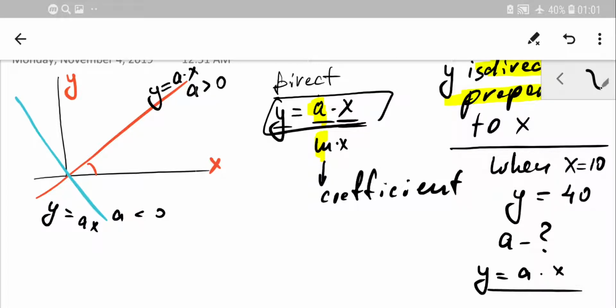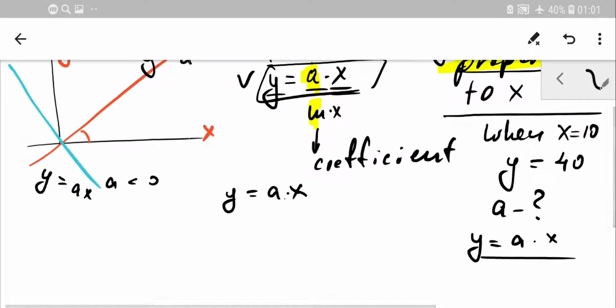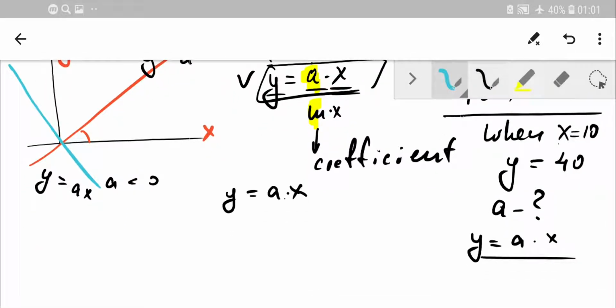So one more time, we use the keyword directly proportional, so we just write it in this formula. And now in order to define the coefficient, we just plug in the values. We know that when x is 10, y is 40.